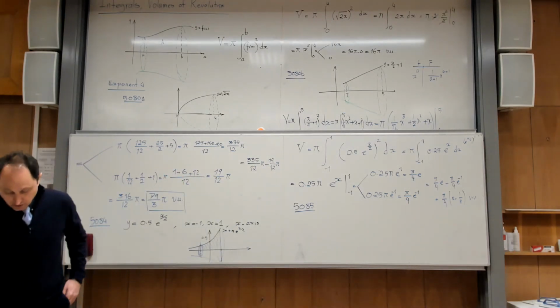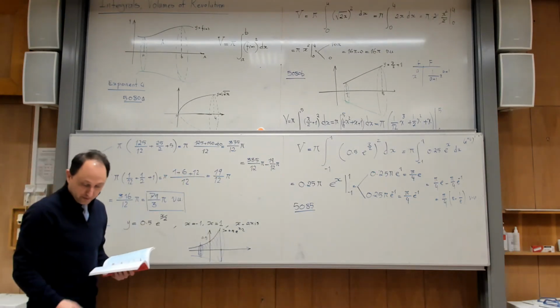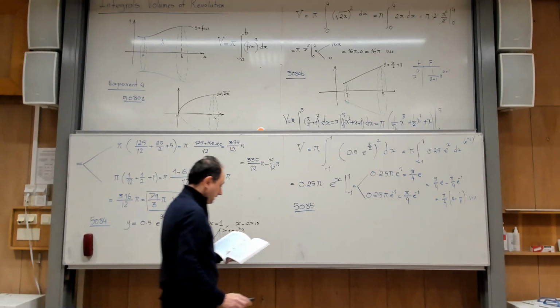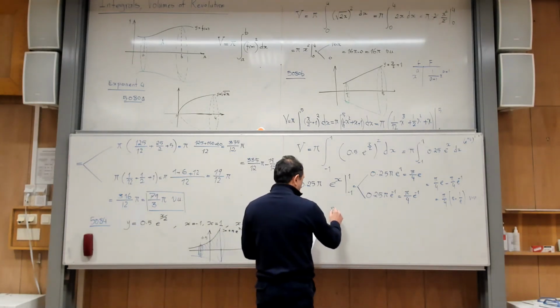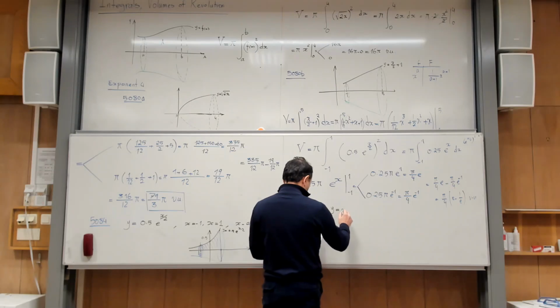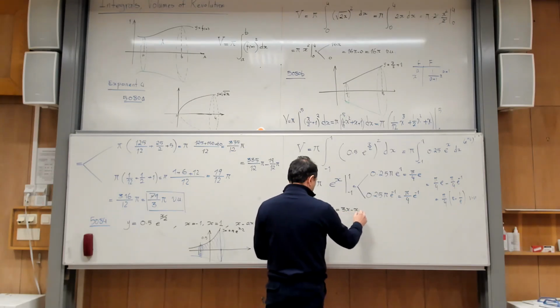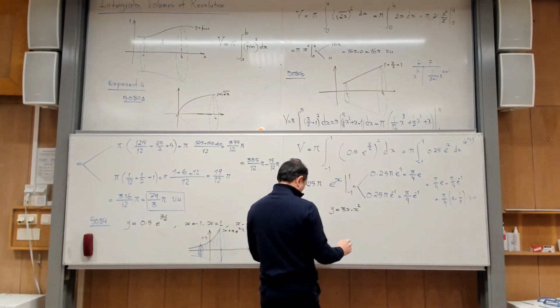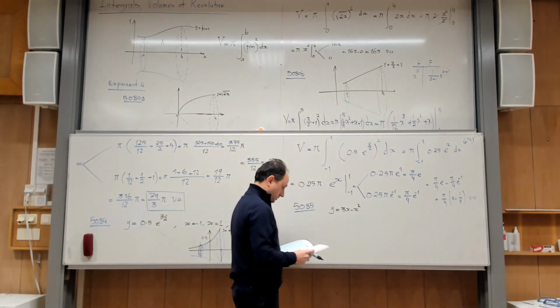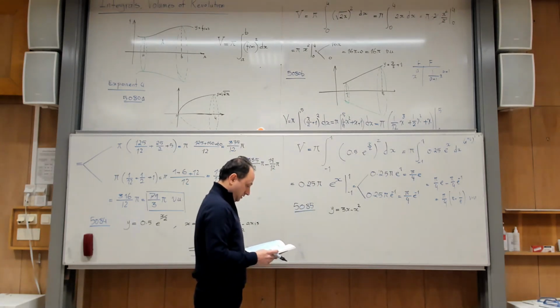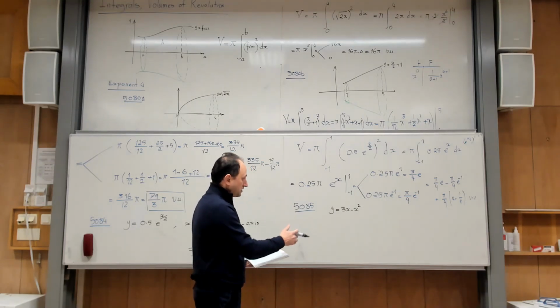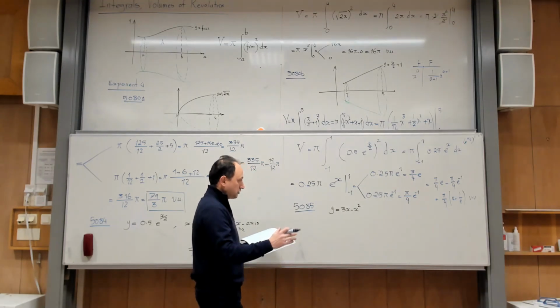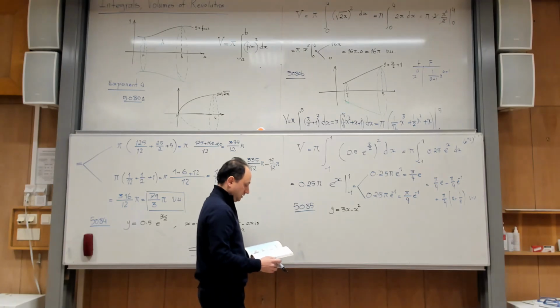So the curve, again, you don't have the picture in front of you. The curve y equals 3x minus x squared, together with the x-axis, actually restricts a region.